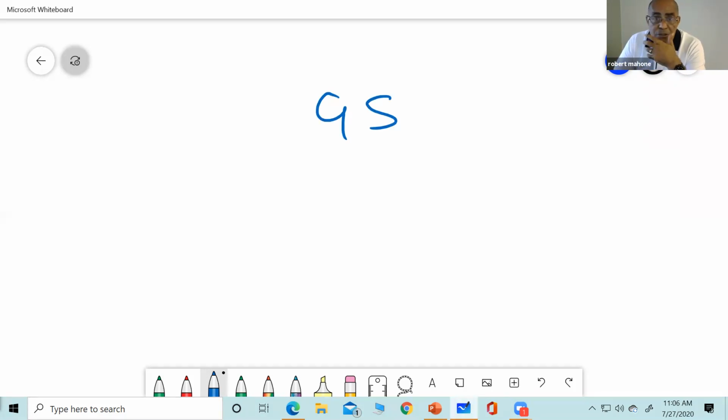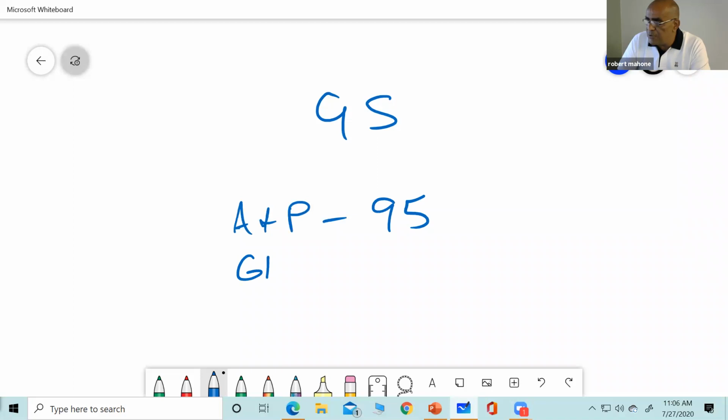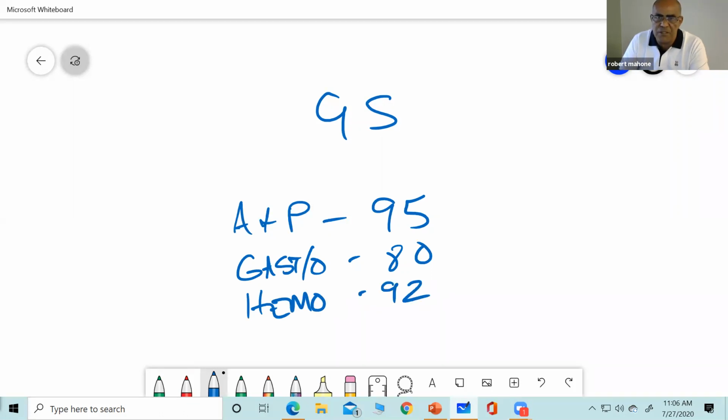So in your notebook, I usually tell students sometimes if you're using the spiral notebook, just go into the cover of that bad boy and write anatomy and physiology 95, gastro test 80, hemo test 92, and so on. Always keep your grades written down like that. And that way you can average your grade anytime you want.